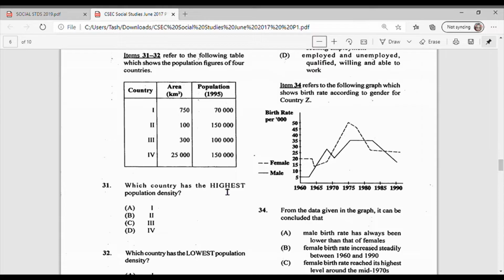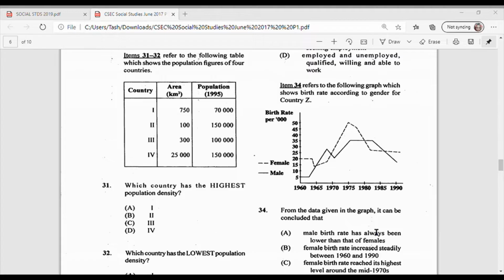So which one of the countries has the highest population density? That would have been option 2, which would be 1,500 persons per square kilometer. So it would have been option 2. Your answer for that would have been letter B. Number 32.